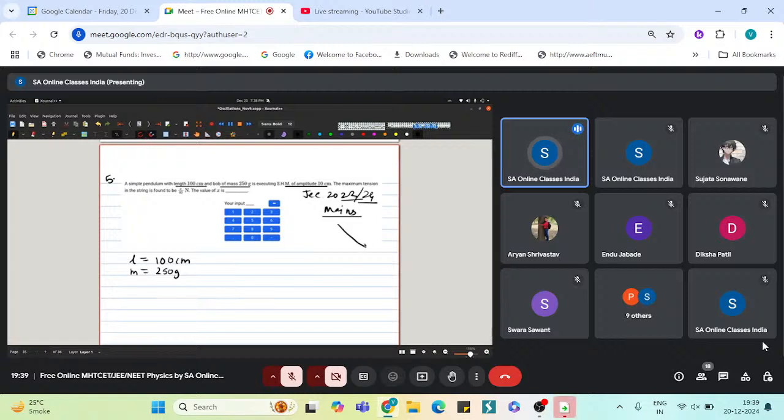We only know L, which is the length of the pendulum, but amplitude we have not yet defined. So we'll also talk about that concept. Amplitude is 10 centimeter. The maximum tension in the string is found to be x upon 40 and the value of x is. So the question is to find out T max is equal to what?